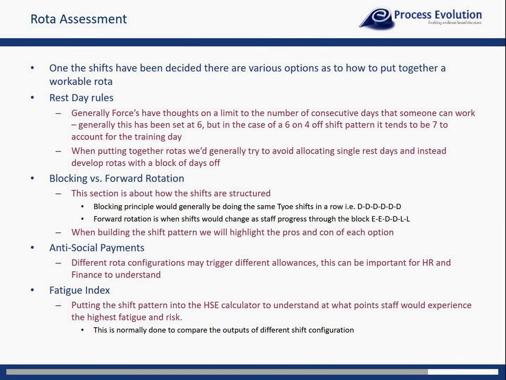By the time you get to the 5th or 6th shift, the score would be highest, and typically you see higher risks and fatigue scores overnight. So if you had an employee who was working a block of 5 or 6 nights, then on the fifth or sixth night, you would see the highest fatigue score.